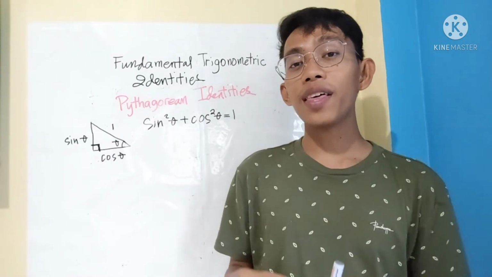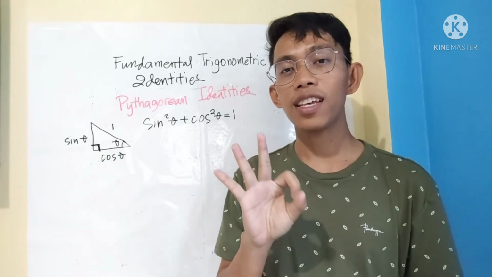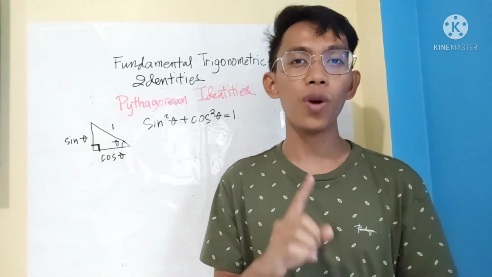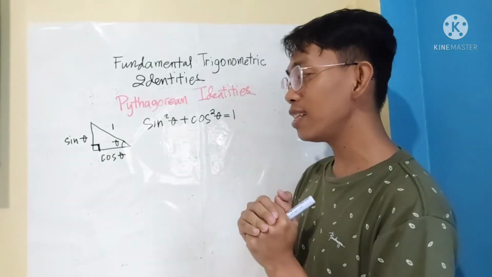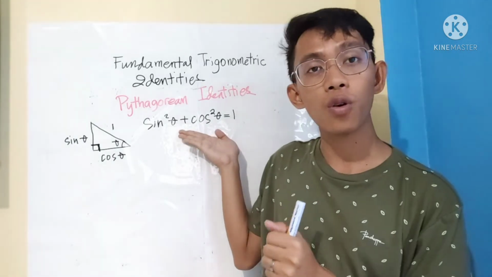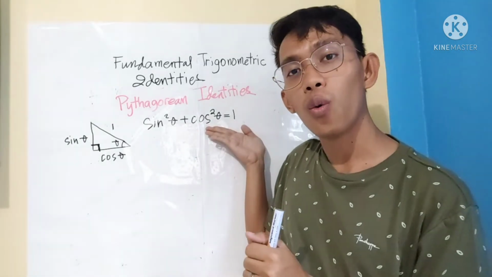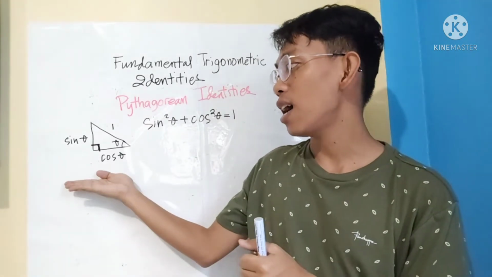Now we have the Pythagorean identities. And we have three under this group, but I only wrote one dahil i-derive natin yung dalawa. So our first identity is the sine squared of theta plus the square of cosine theta is equal to 1. Now, galing ito doon sa ating right triangle.